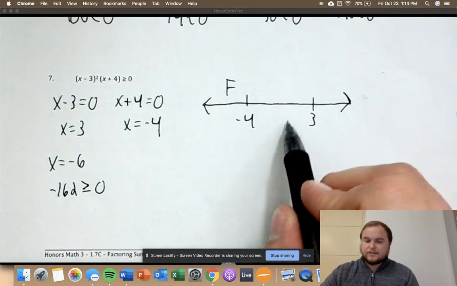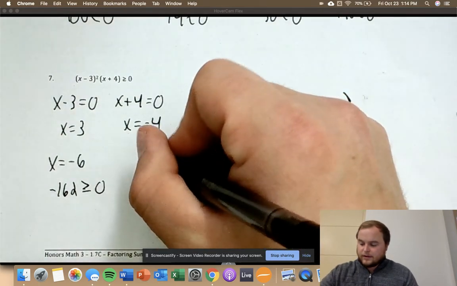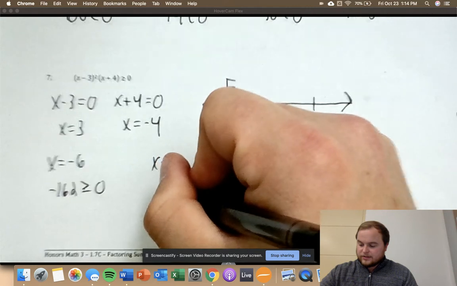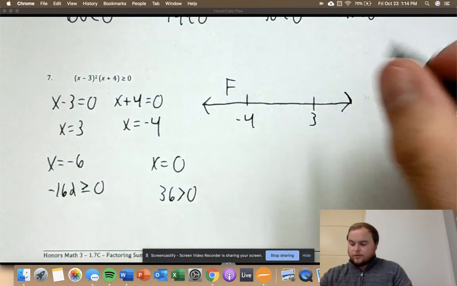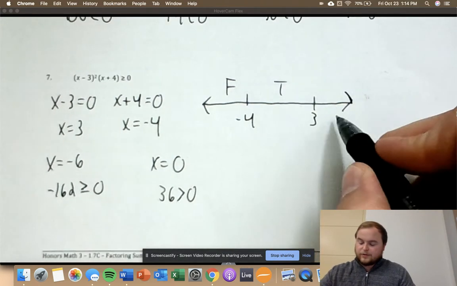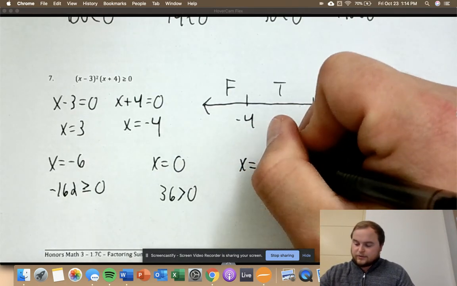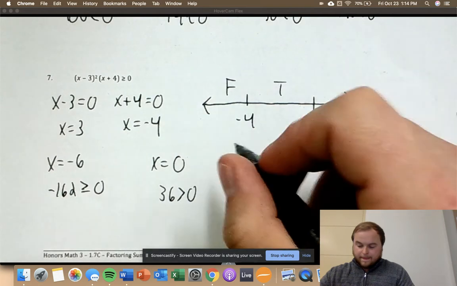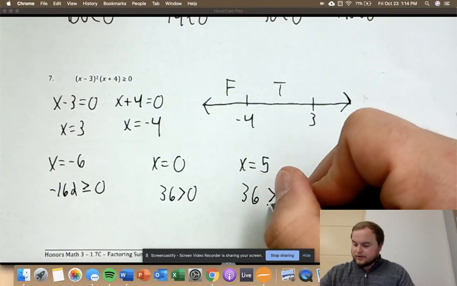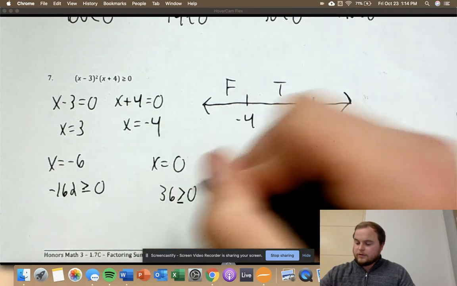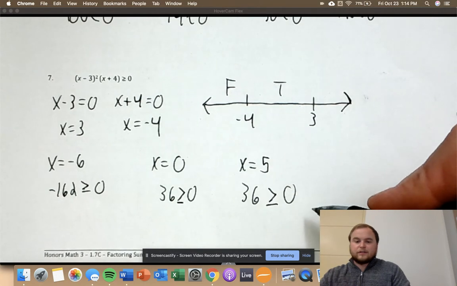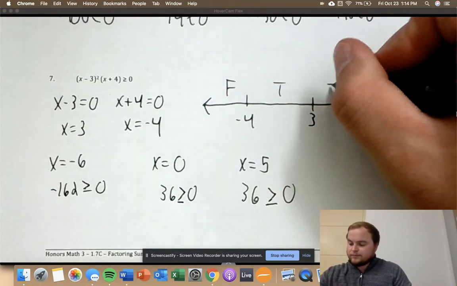We can test at 0 because that's in between -4 and 3. We end up getting 36 is greater than 0, which is true. And then we can test at a number that's greater than 3, let's say when x is equal to 5. Well, that simplifies to 36 is greater than, or sorry, these should all be greater than or equal to, right, 0, which 36 greater than or equal to 0, that's true, right?